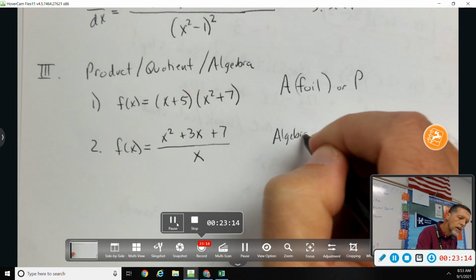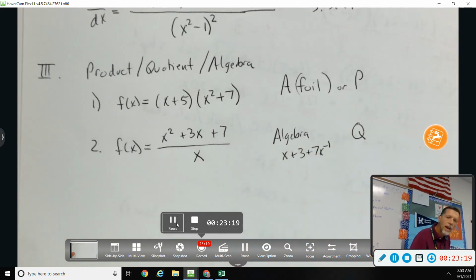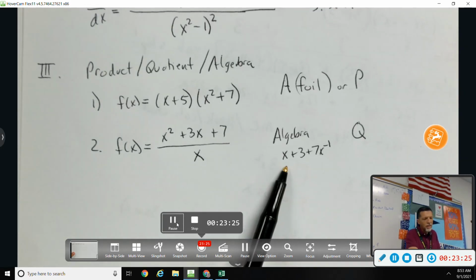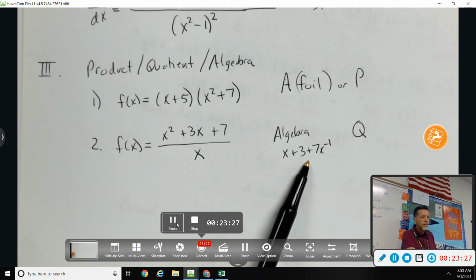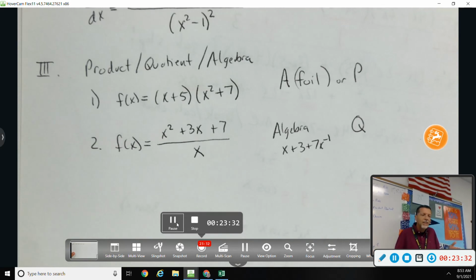Right? You would just divide them all by x, and then you wouldn't have to use the quotient rule. So it's kind of your choice. Do you want to do the algebra and then avoid the quotient rule, or do you want to avoid the algebra and jump straight to the quotient rule? It doesn't matter. You're going to end up at the same spot.